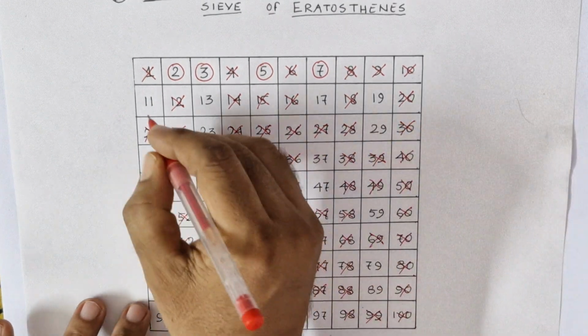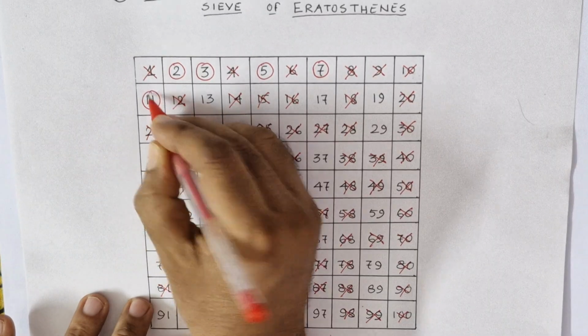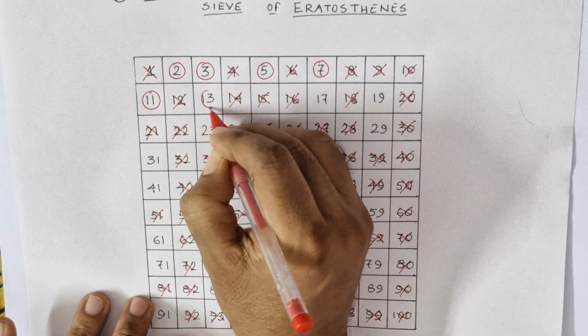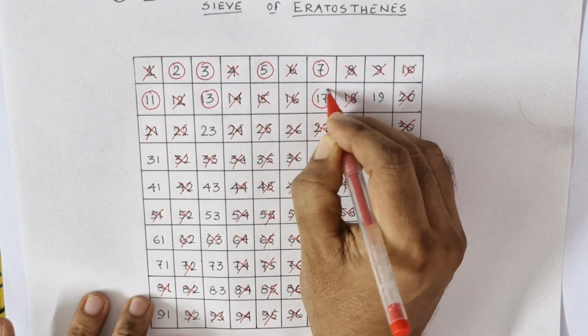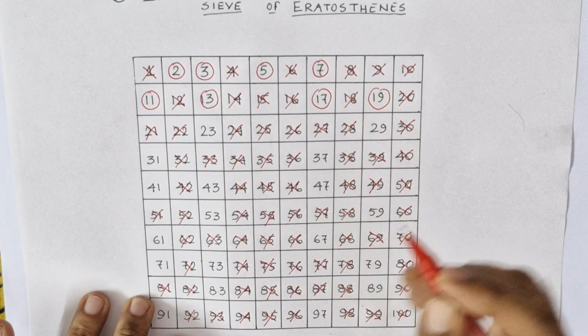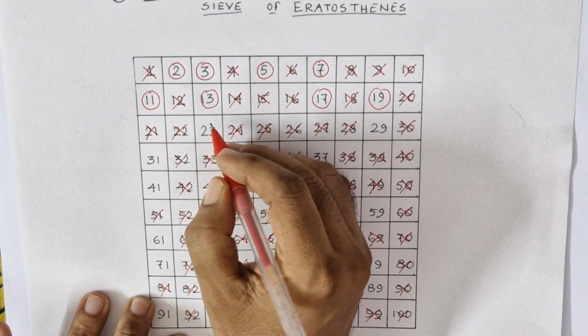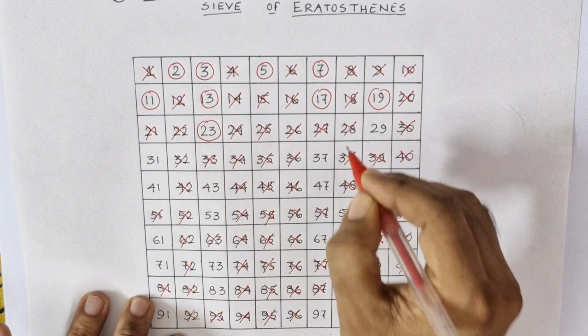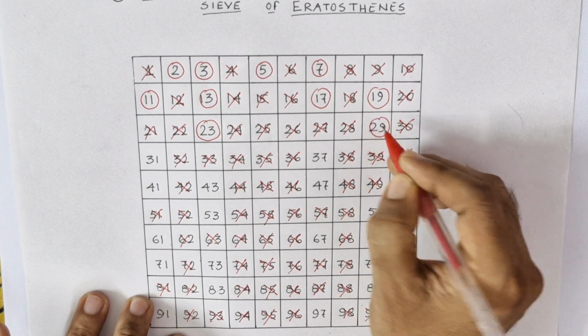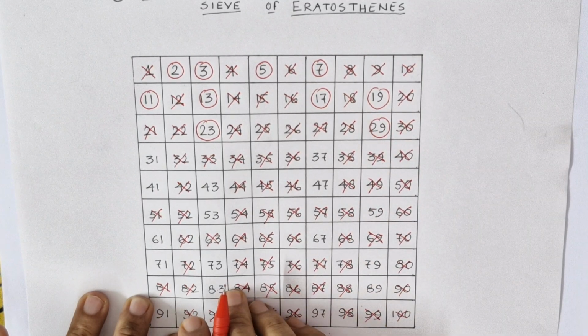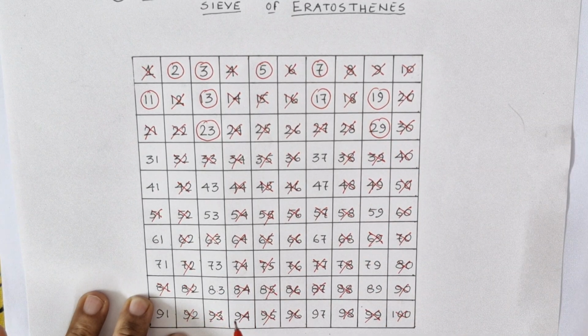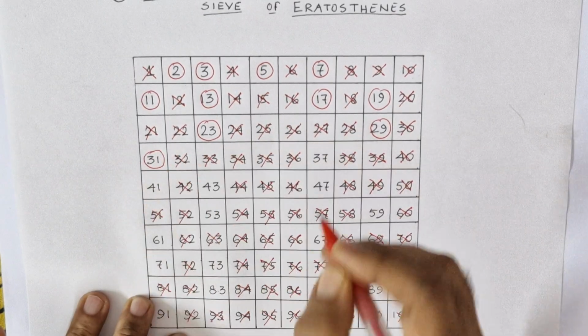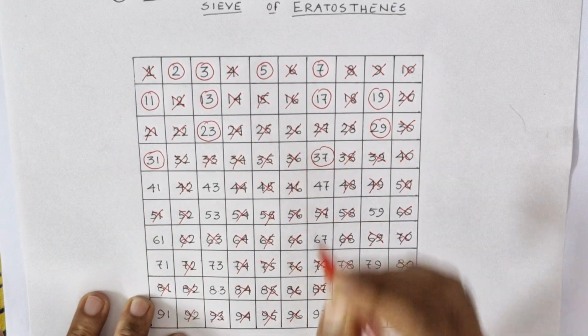Now, next thing is what remains, isn't it? So in the first row, 2, 3, 5, 7. In the second row, 11, 13, 17, 19. In the third row, 23 and 29 remain. In the fourth row, 31 and 37 remain.